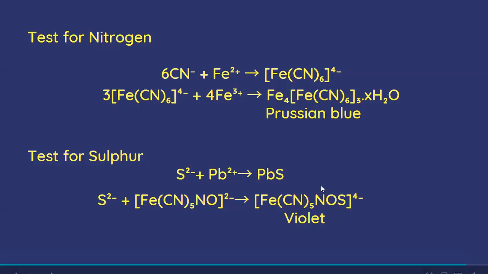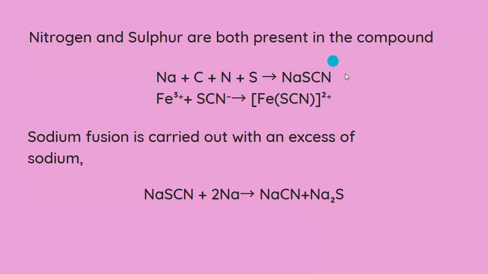So we learned that when nitrogen is present, we heat it with Fe2+ and then acidify it, and we observe the Prussian blue. Sulfur also has its own test, but when both of them are present, it leads to sodium thiocyanate, and this in turn reacts with Fe3+ to give a blood red color.